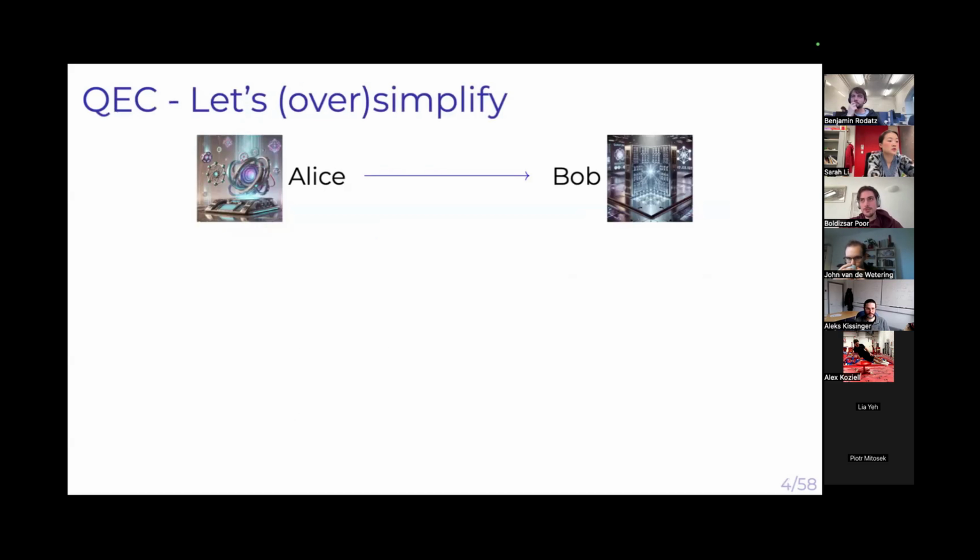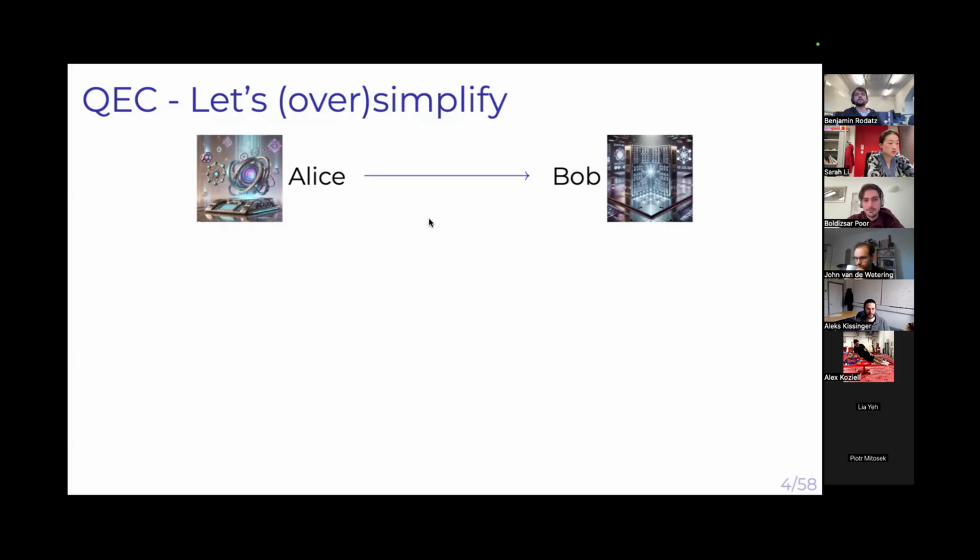For those of you who are not so familiar with quantum error correction, I'm going to give you a very simple perspective. Here we have Alice and Bob. Both of them have some kind of quantum computer, and what they want to do is communicate.